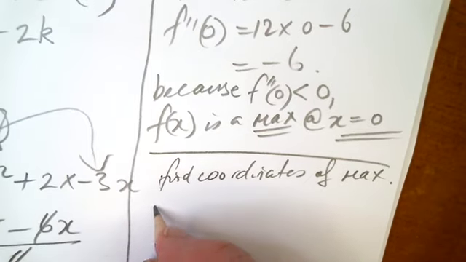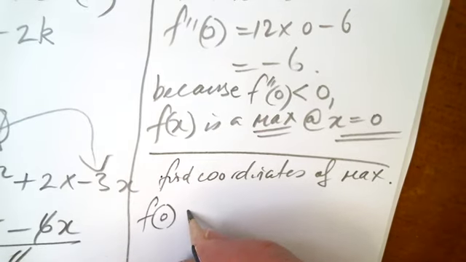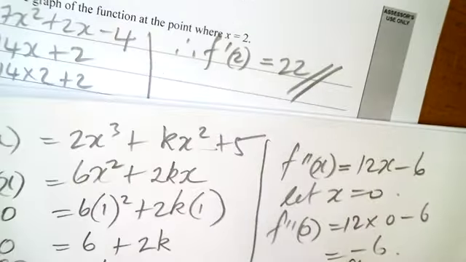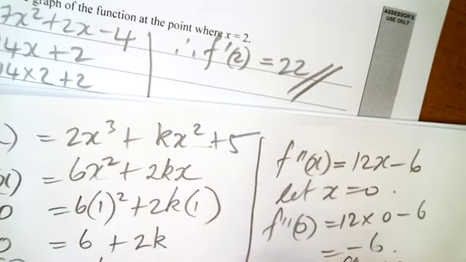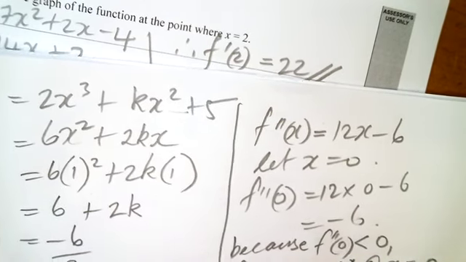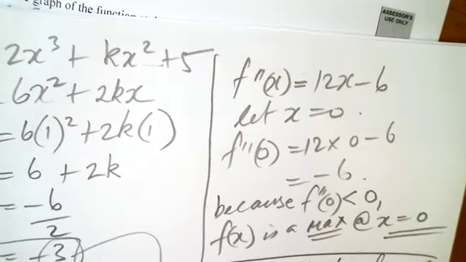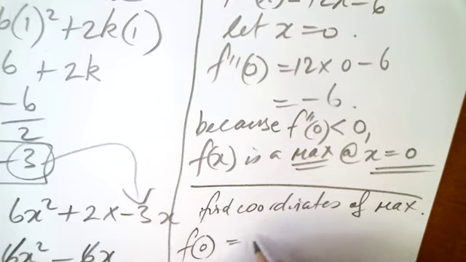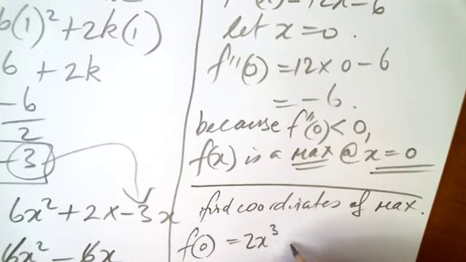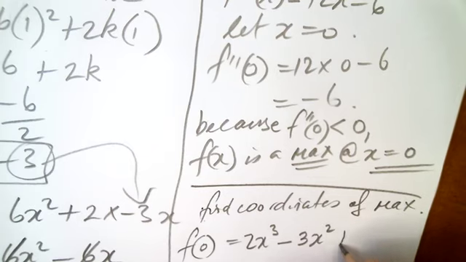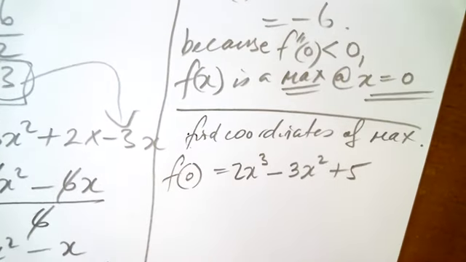Here's f(x), but we're going to find f of 0. We've got the original here, 2x cubed, and a kx squared in there as well, where k is negative 3. So we've got 2x cubed minus 3x squared plus 5, and I'm going to put zeros in for that.